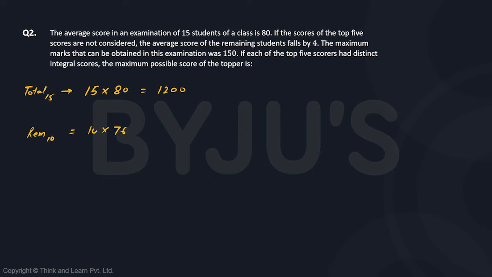Number of people is 10, so the sum will be 760. So I can say that the sum of top 5 scorers will be equal to 1200 minus 760, and that is 440. Okay, so up till this point we are very clear.